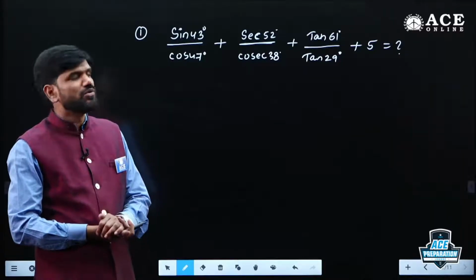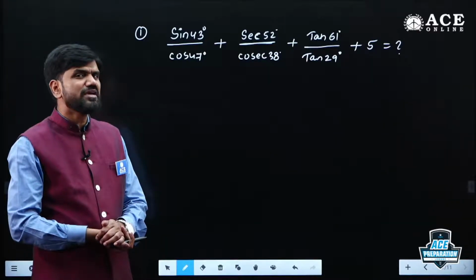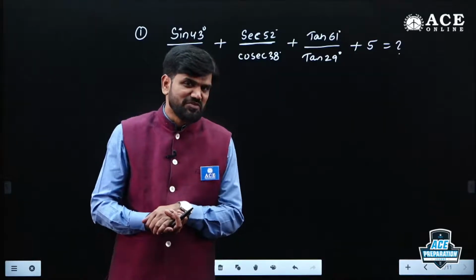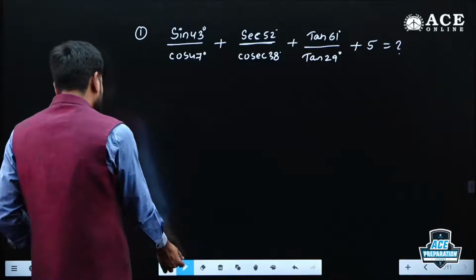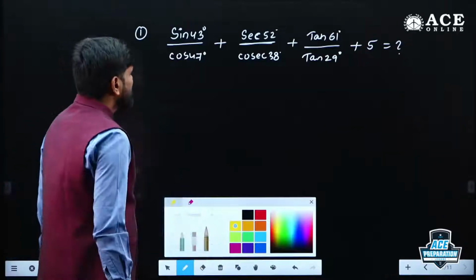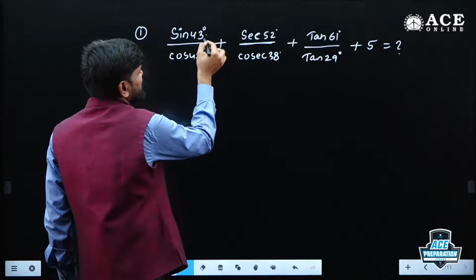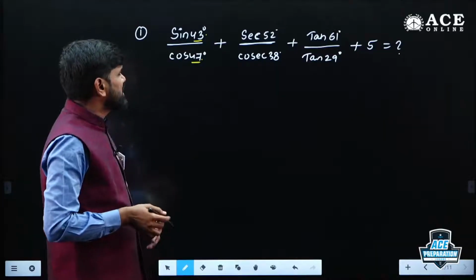We don't know the value of sin 43 degrees. We don't know it by heart. But still we can solve this problem without knowing sin 43, because if you observe, this is sine, this is cos, this is 43, this is 47, and together they add up to 90 degrees.